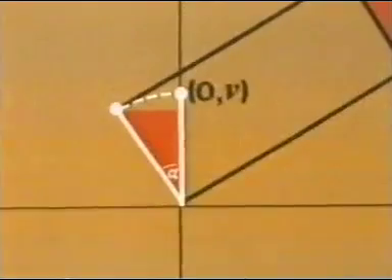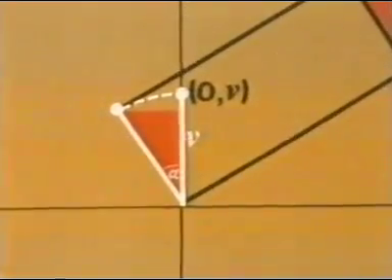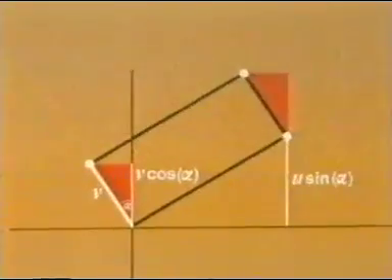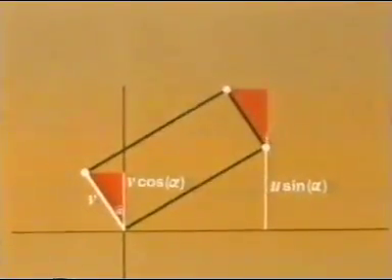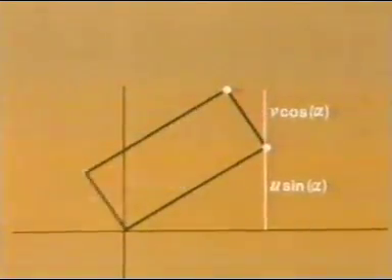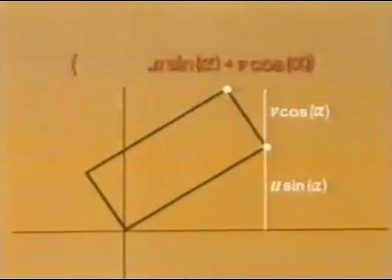The length of the hypotenuse is v, and so the adjacent side is v times cos of alpha. The upper distance that we want is also v times cos of alpha. So the total vertical distance is just u times sine of alpha plus v times cos of alpha.